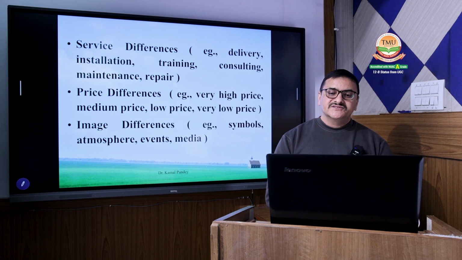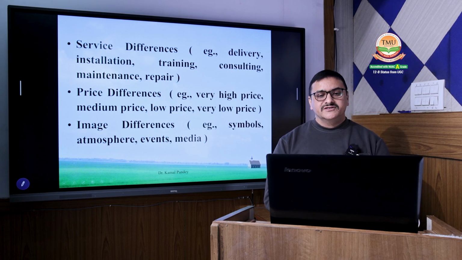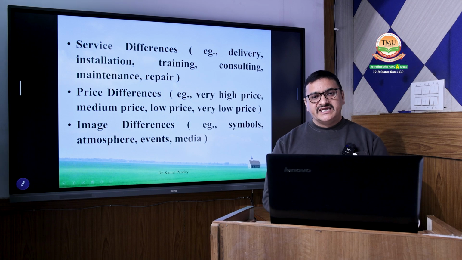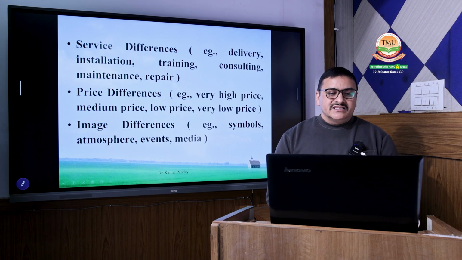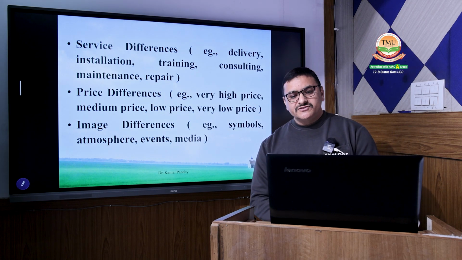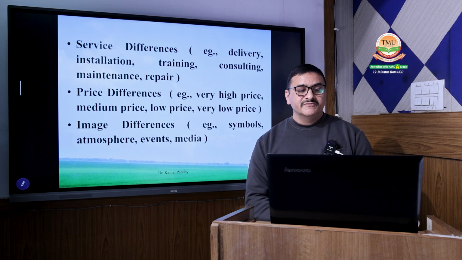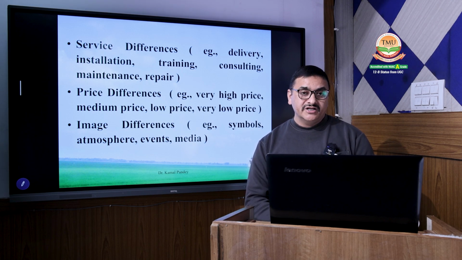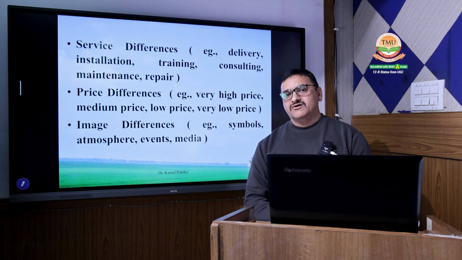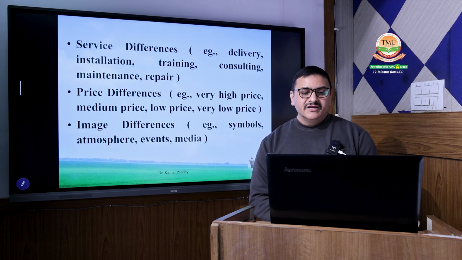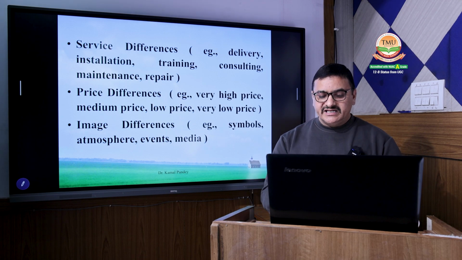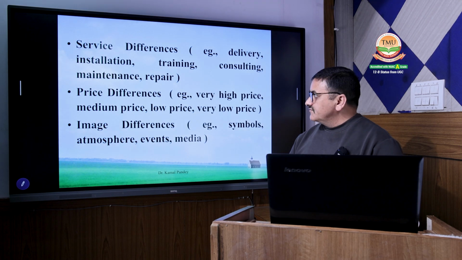Physical differences means the features, performance of the product, conformance, durability, reliability, design of the product, various types of styles, packaging techniques, etc. Then we have availability differences also. For example, available from stores or ordered by phone only, which we call online marketing also. Mail, fax, internet.